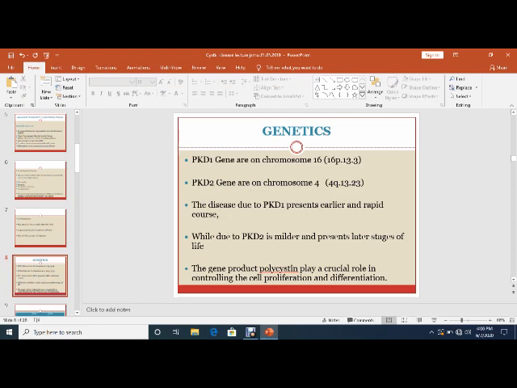PKD1 presents early and has a rapid course, while PKD2 is milder, and these patients can present in the later stage of life. The gene product, polycystin, plays an important role in controlling the cell proliferation and differentiation of this cyst formation.